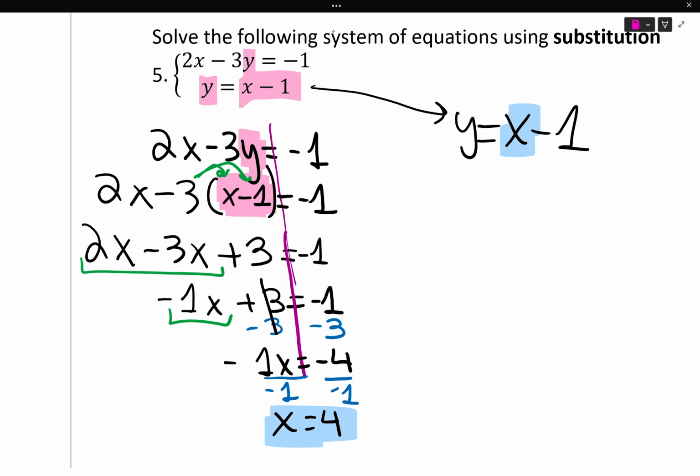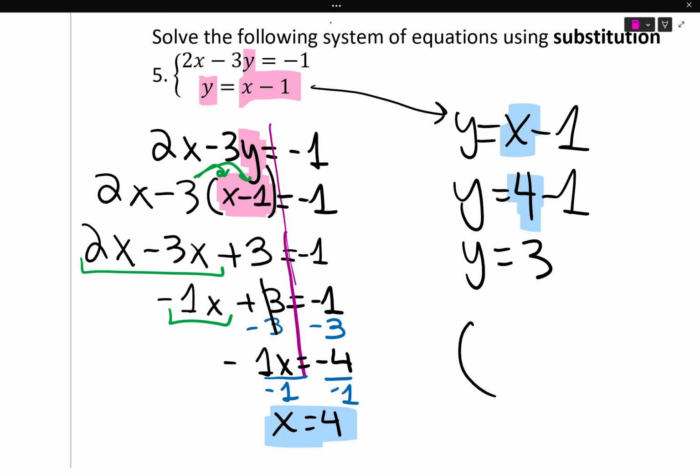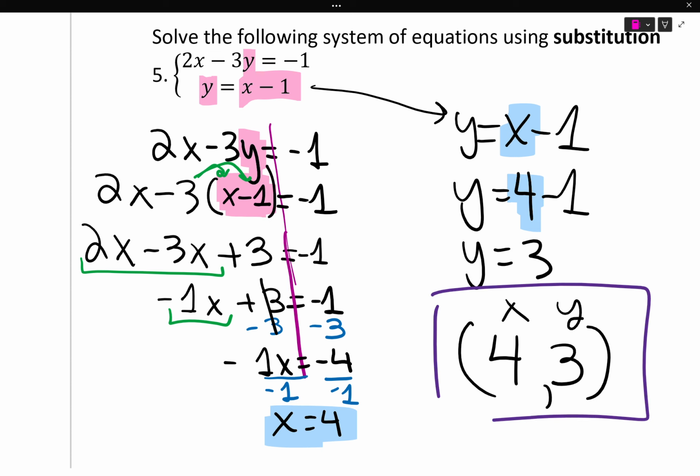We found that x equals 4, so instead of x minus 1, we're going to have 4 minus 1. And 4 minus 1 is 3. Perfect. We found x, we found y, but we need to write it in a specific way. We need to write it like a coordinate. Remember, coordinates are x comma y, so our official answer is 4 comma negative 3.